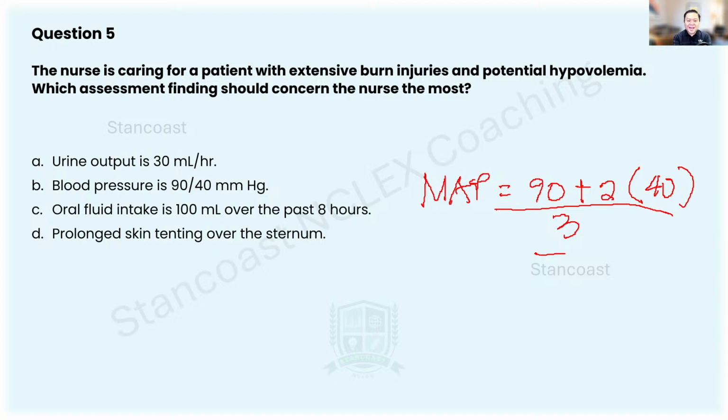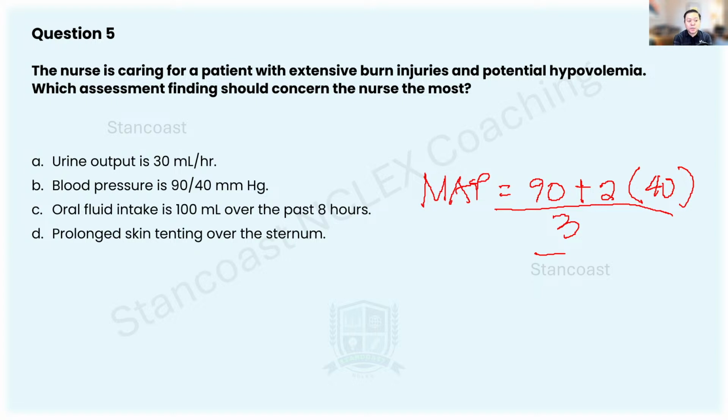Look for that answer that can critically impair the overall function of our patient. Okay, letter A. What's in letter A? Urine output is 30 mLs per hour. It's within the normal range, in the lower normal, so I will not be worried much about this patient.